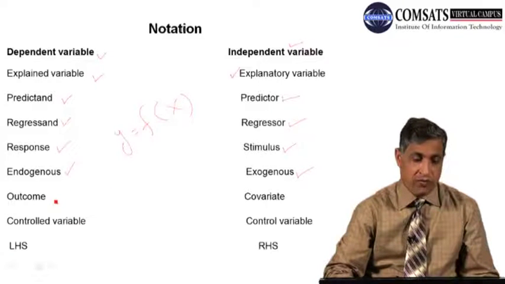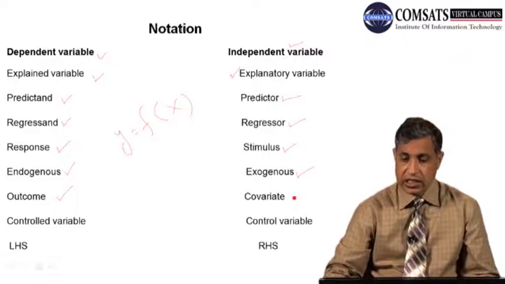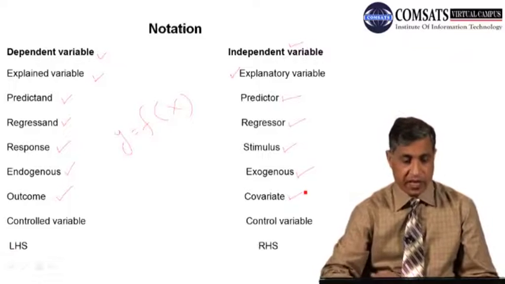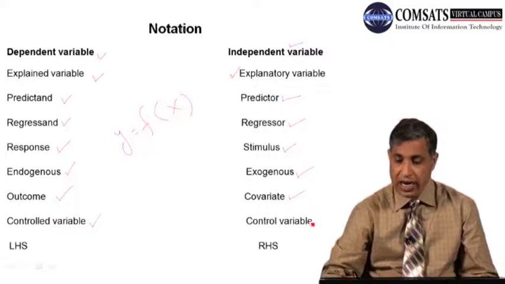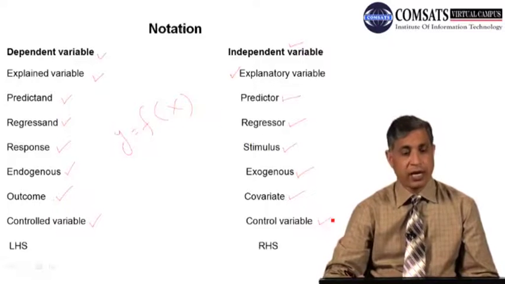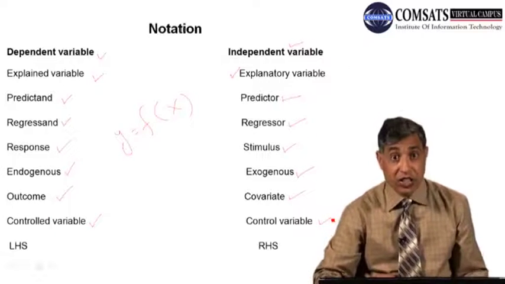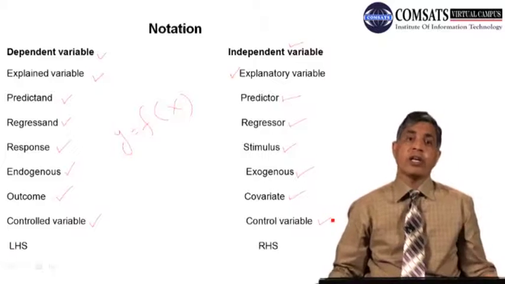This is the outcome variable, also called the dependent variable, and this is the covariate, a name for the independent variable. This is the controlled variable, the control variable. And at the end, last but not least, there are also other names. You will be a bit surprised at how many names there are.